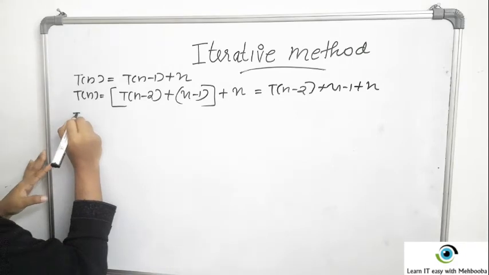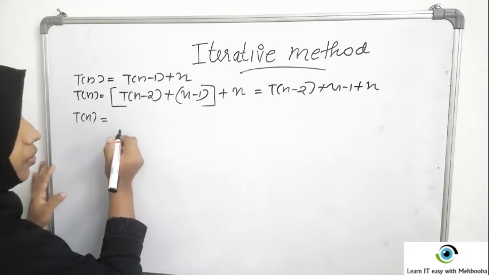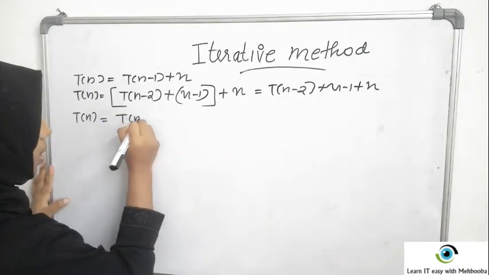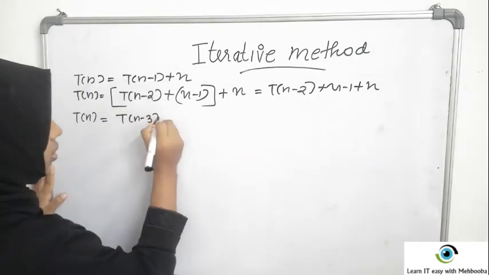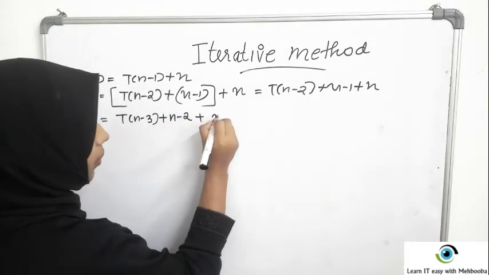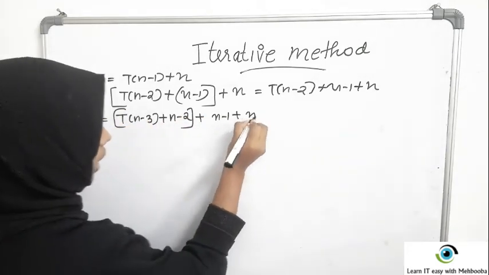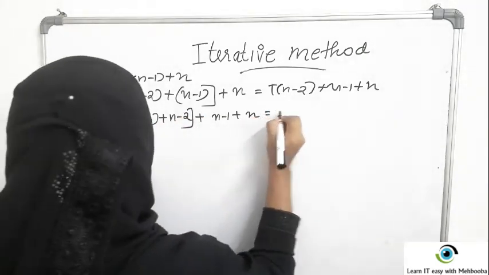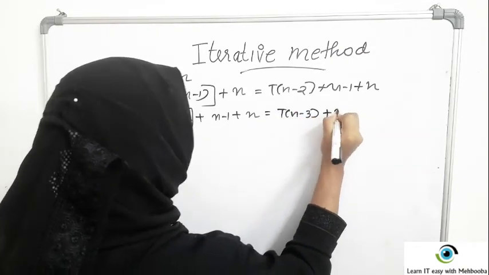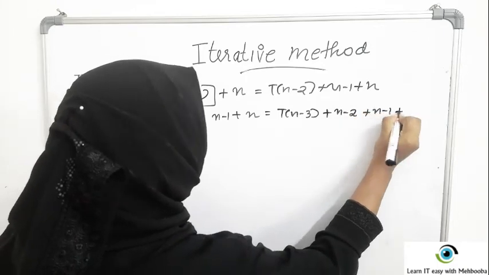Okay. Now we have to keep on unrolling this till we get rid of the T terms. So T of n minus 2 is T of n minus 3 plus n minus 2. Now the remaining terms, n minus 1 plus n. So this is actually T of n minus 3 plus n minus 2 plus n minus 1 plus n.